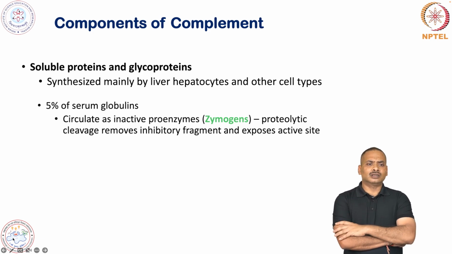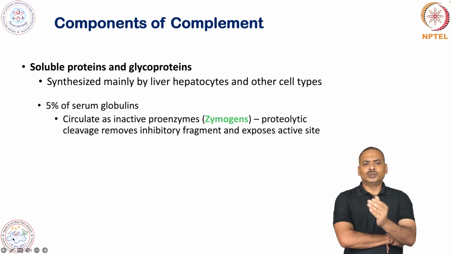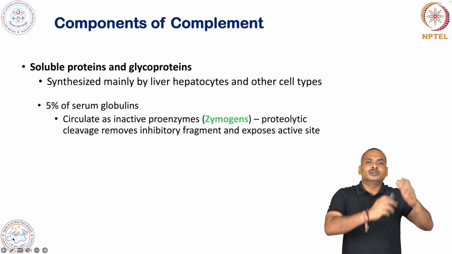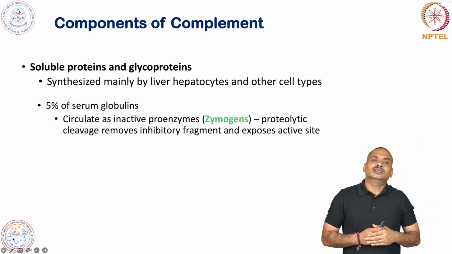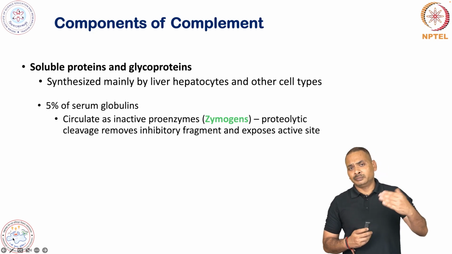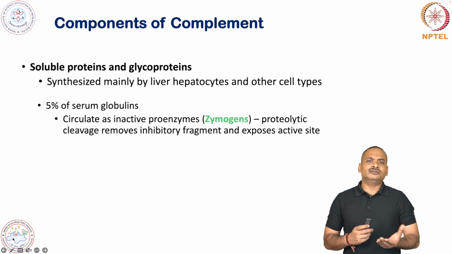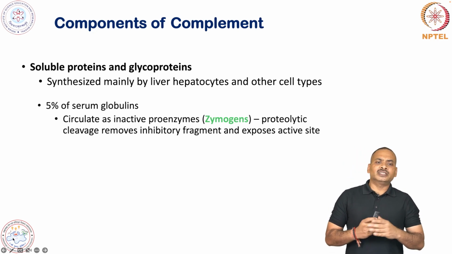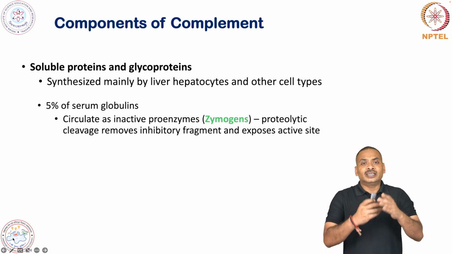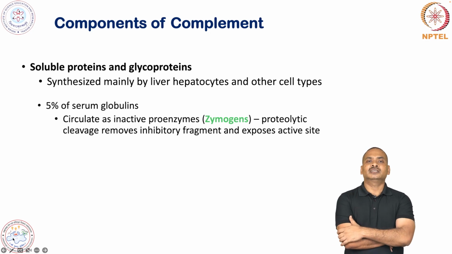They circulate in inactive zymogen form, and there is a cascade of signaling or proteolytic cleavage that changes them from inactive to active form. Basically, it cleaves the inhibitory fragment and exposes the active site, and in that way the complement gets activated.